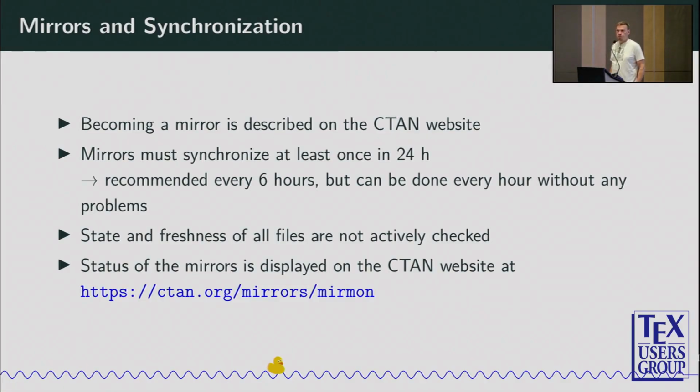We don't check the correctness and completeness of all files directly. This has to be done, I know. We just check a timestamp in the top level directory, and from this timestamp we derive the actuality of the respective mirror, and this actuality is displayed on the Mirmon page.